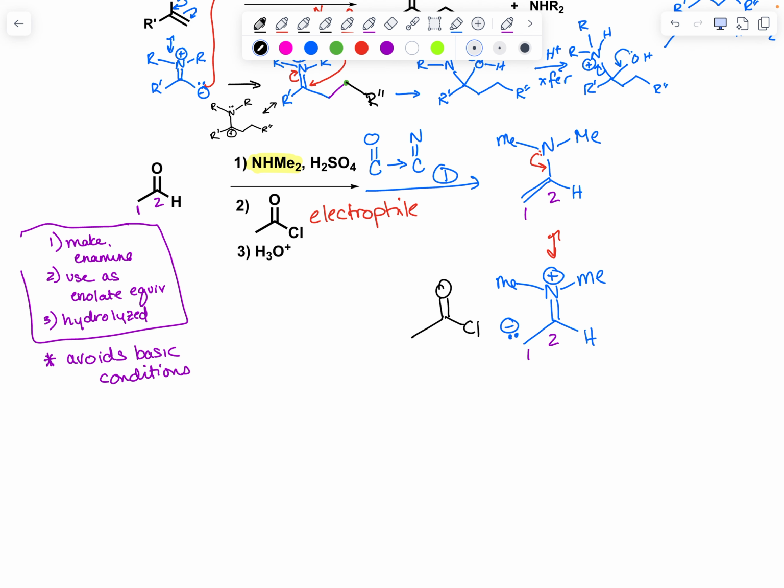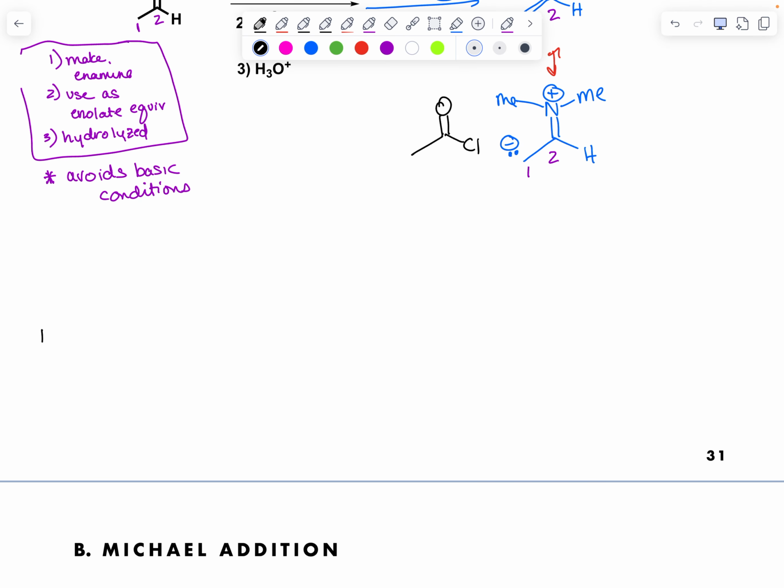Okay. I'm going to number starting here 1, 2, 3, 4, 5, and 6. So what we've done now is we've made a new bond between 2 and 3 and broke the bond between 3 and 4. So here's my nucleophile. Double bond to the nitrogen with the 2 methyl groups, plus charge on the nitrogen.